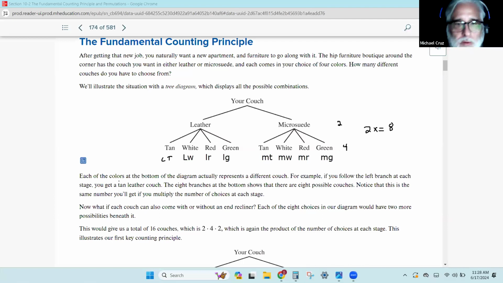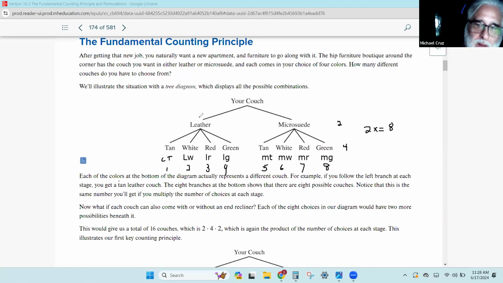Okay, so that is 1, 2, 3, 4, 5, 6, 7, 8 different or 8 distinct couches.